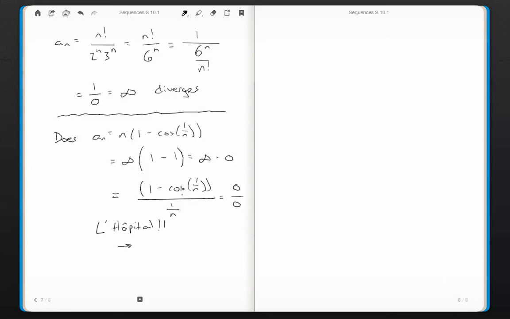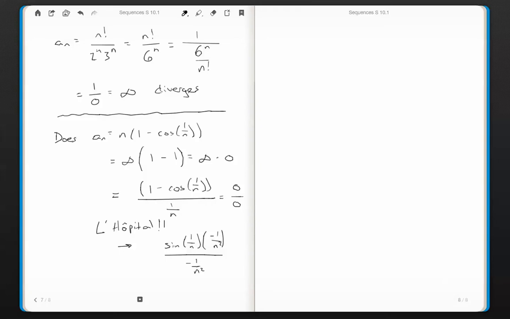The derivative of cosine is negative sine, so that becomes a positive sine of 1 over n. Then the chain rule says we take the derivative of 1 over n, which becomes negative 1 over n squared. And the bottom, the derivative of 1 over n, becomes negative 1 over n squared. The sine of 0 is 0, so it's 0 over 0.